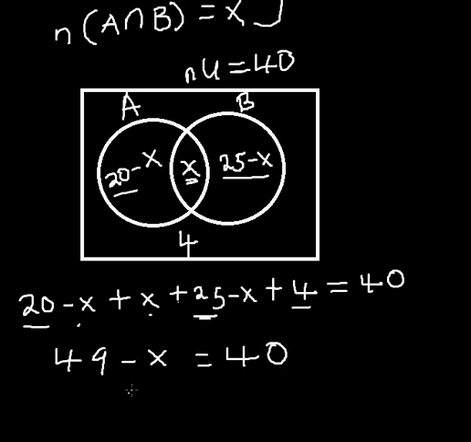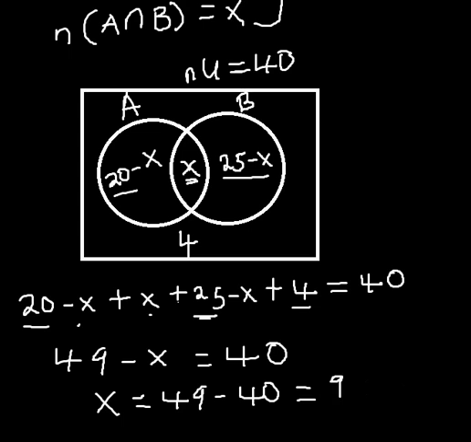Making X the subject, X is going to be equal to 49 minus 40, which is 9. So 9 students offer both subjects.